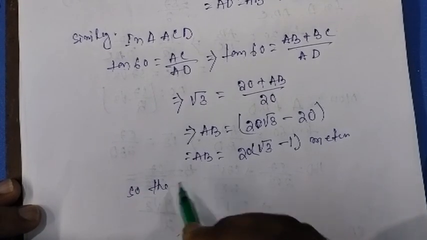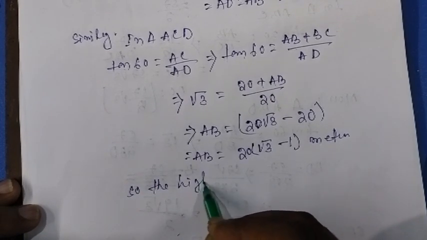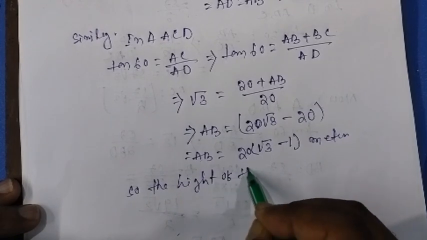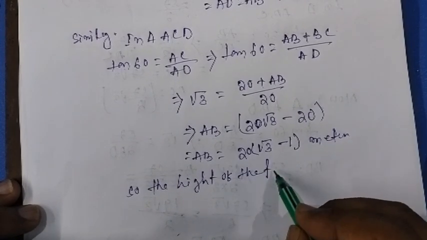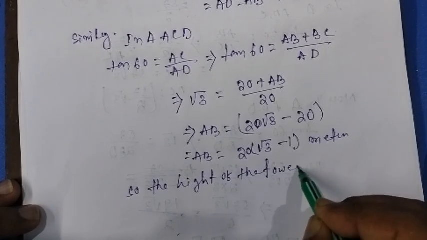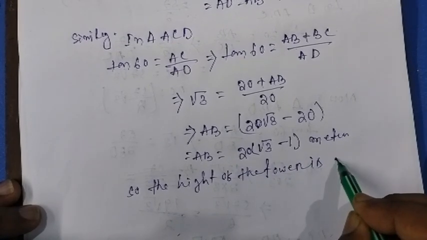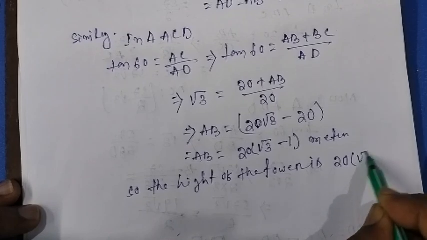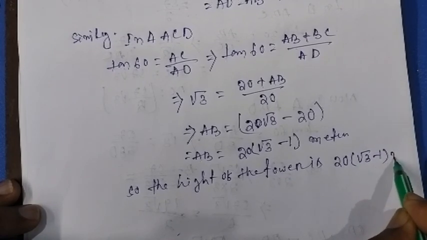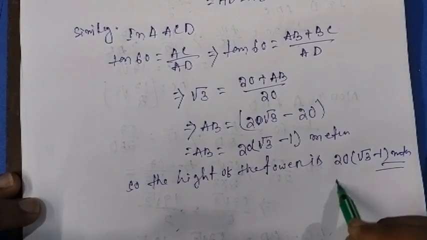So the height of the tower is 20 root 3 minus 1 meter. Answer.